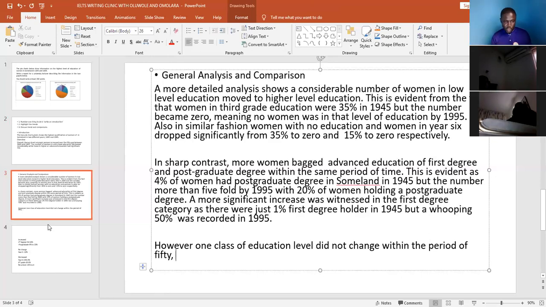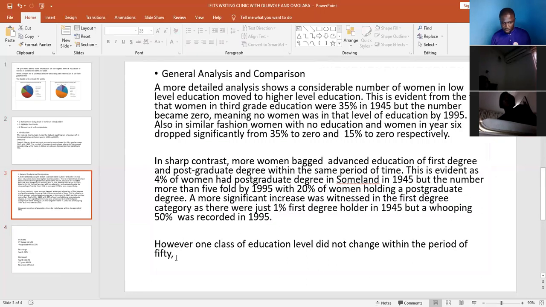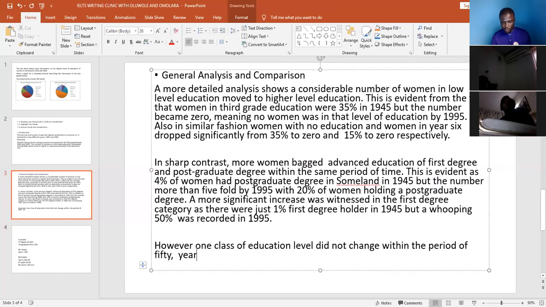Within the period of 50 years, let me now see it. Year 9 level education remained the same at 10%.